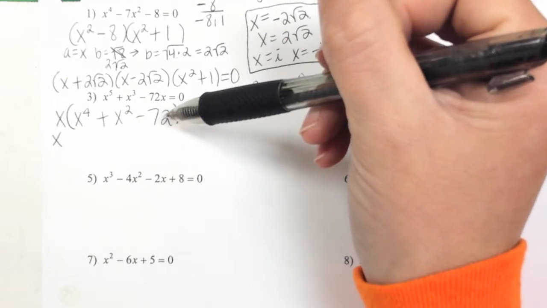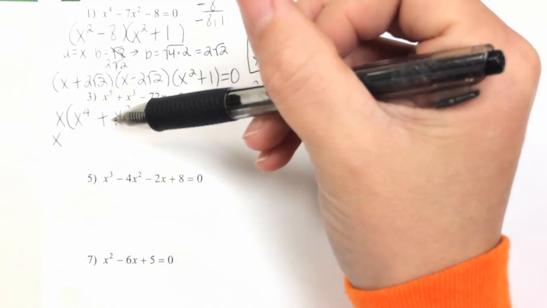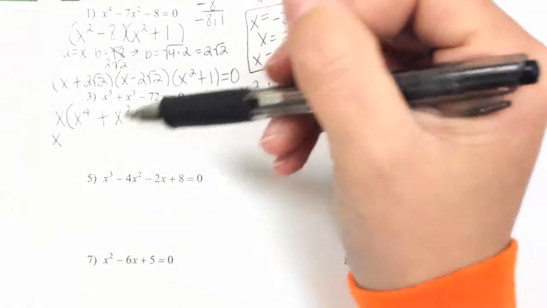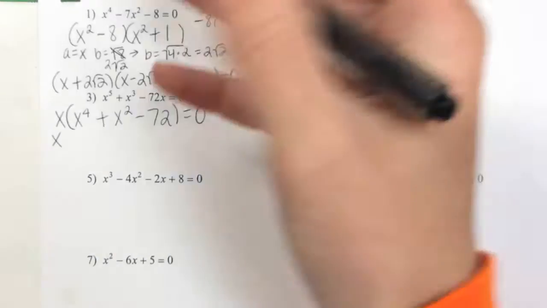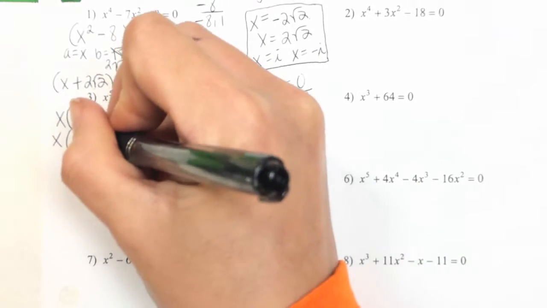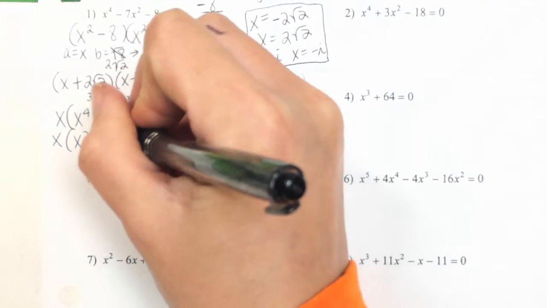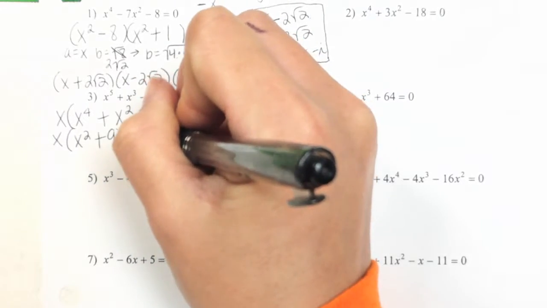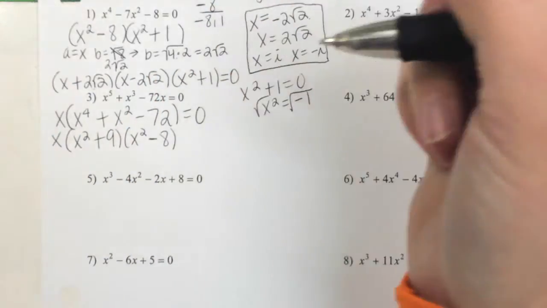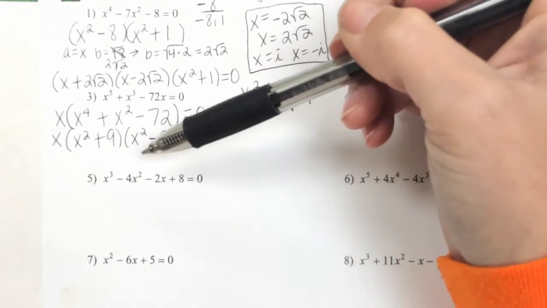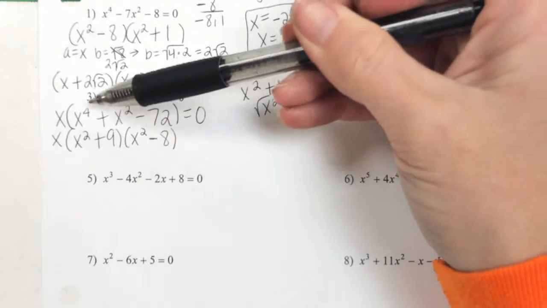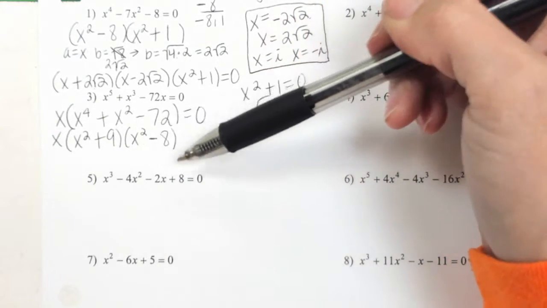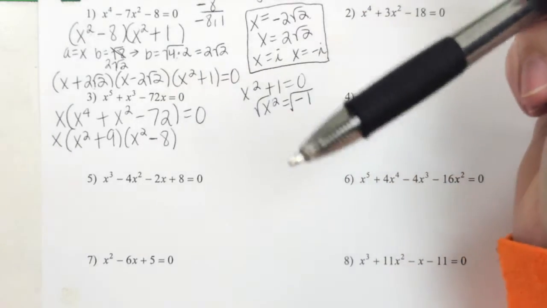So the factors of negative 72 that are going to add together to get 1, that's going to be 9 and negative 8, correct? So I'll have x squared plus 9, x squared minus 8. Again, x squared times x squared is going to give us our x to the 4th. 9 and negative 8 are going to give us our negative 72.